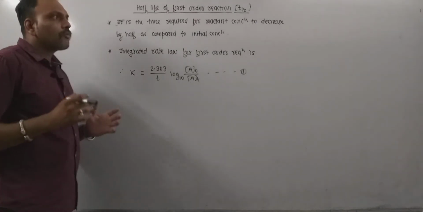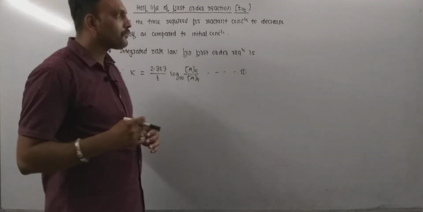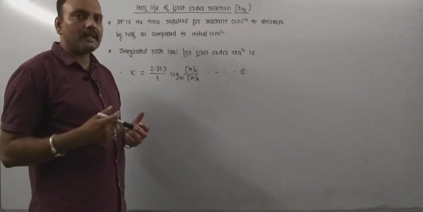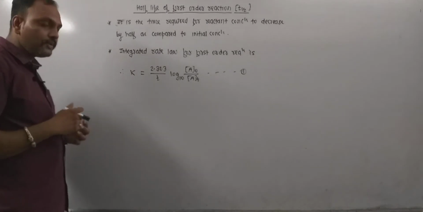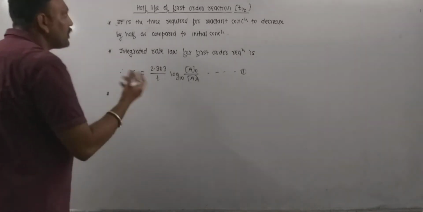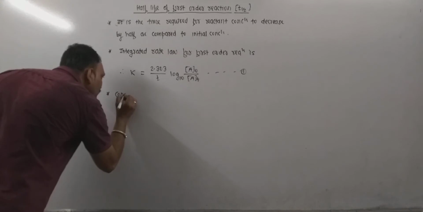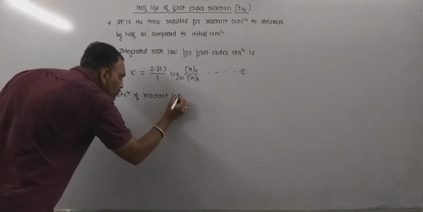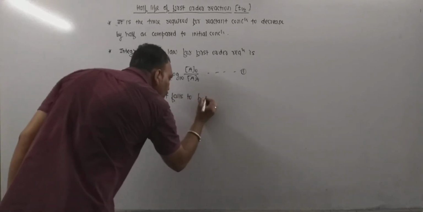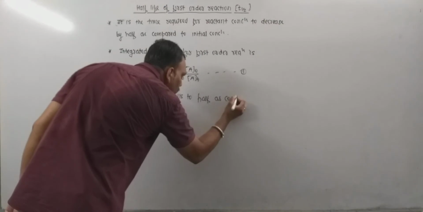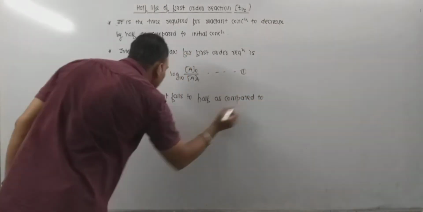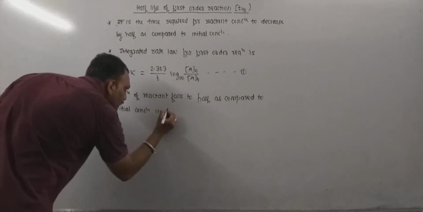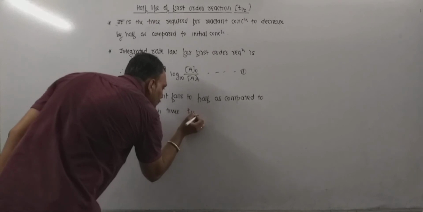Now, the concentration of reactant falls to half in the time interval of t half. That is a very important thing, what we call half-life. So remember, the concentration of reactant falls to half as compared to the initial concentration in time t half.